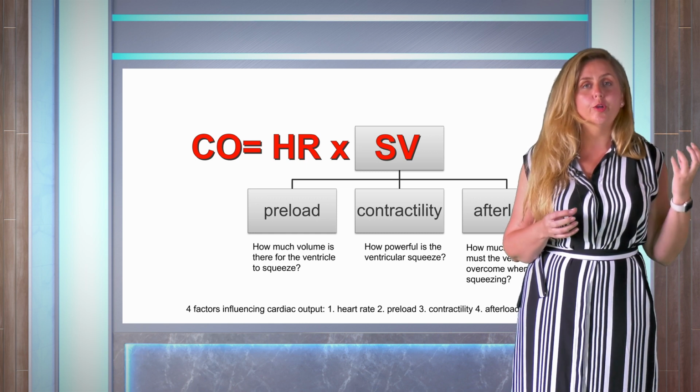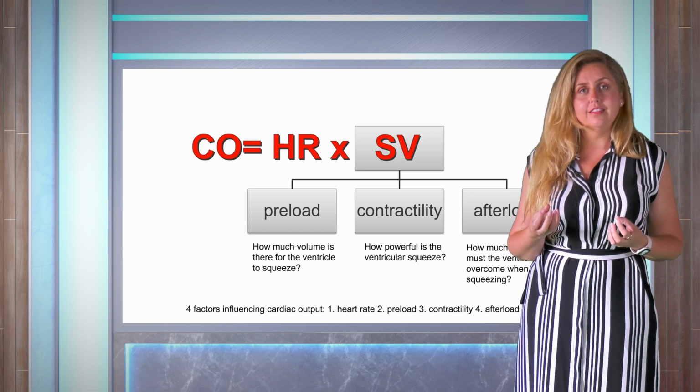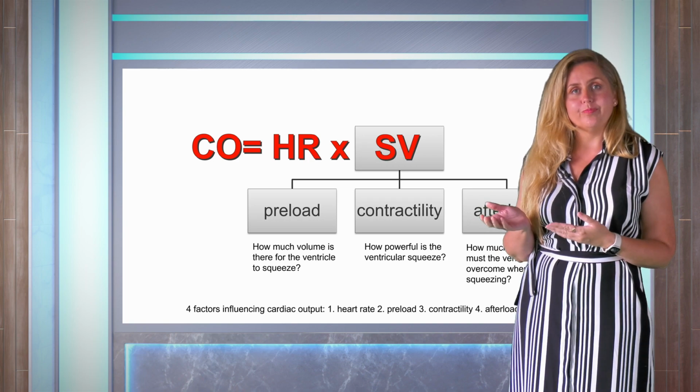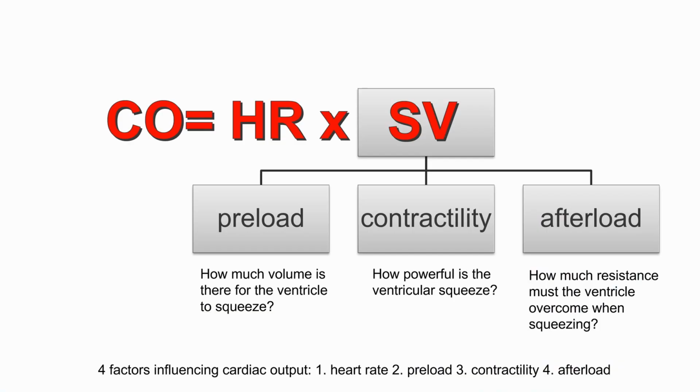We have preload, we have contractility, and we have afterload. So what is preload? Preload is how much volume is there for the ventricle to squeeze out or contract or systole. Remember, all of those words mean the same thing. How much volume has the ventricle got to work with and to squeeze out? That is your preload.